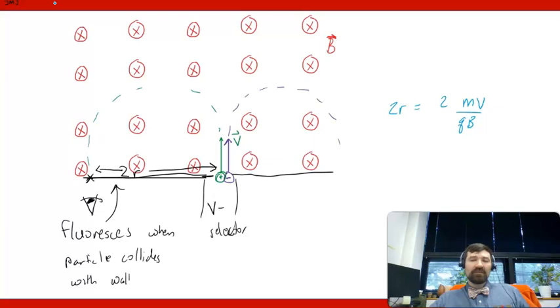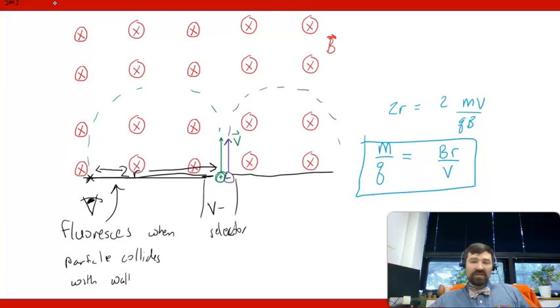And that means that m over q, the mass over charge ratio, is going to be B times r divided by v. And so this gets us the mass to charge ratio, or sometimes it's flipped the other way around and we want to get the charge to mass ratio, either way.